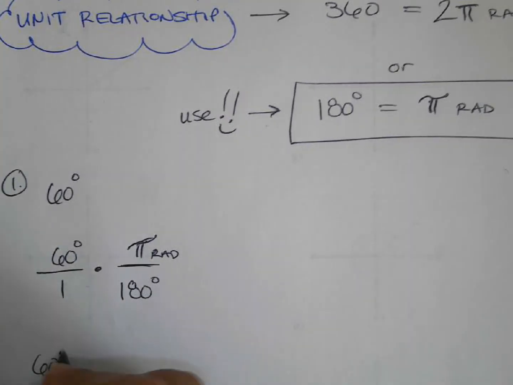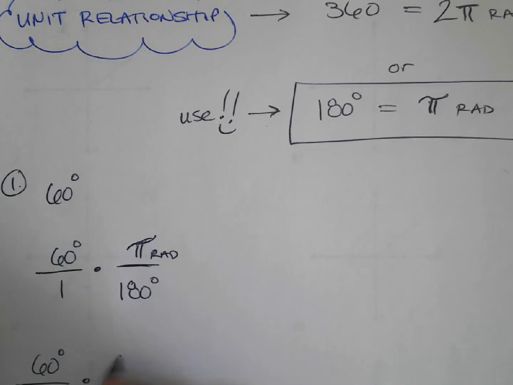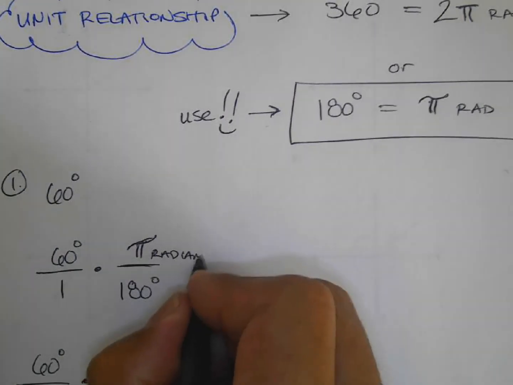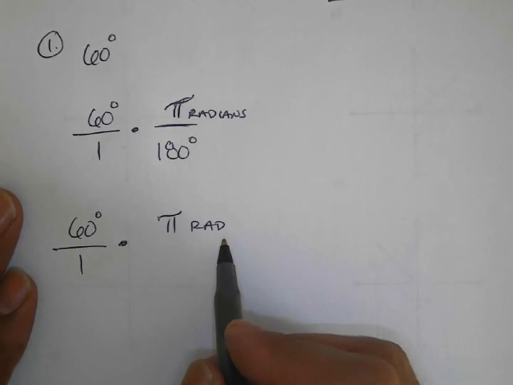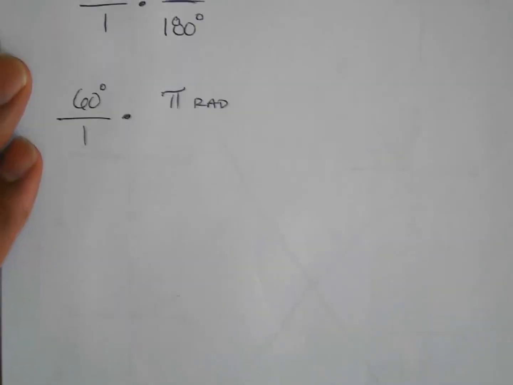And then what happens next is, I'm going to just write it over so that it doesn't get too sloppy. I'll write radians here, but later for short, you just need RAD.